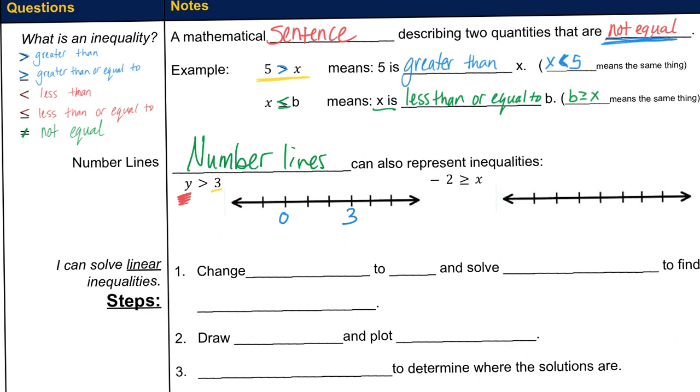And so what I'm going to do is put a circle at 3. I'm not going to clean it up. I'm not going to color it in because open circles, so add this to your notes, are for symbols like less than and greater than. We're saying don't include that number.